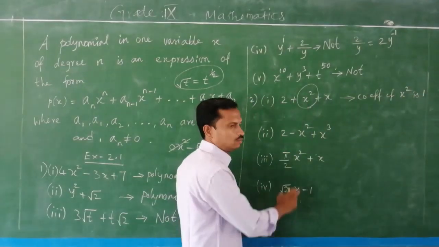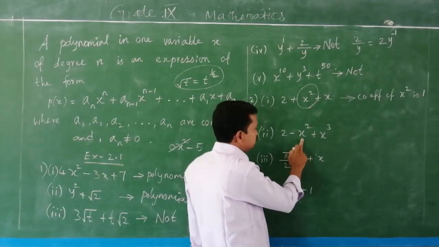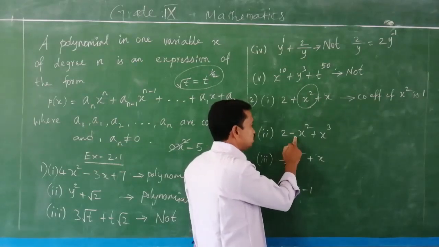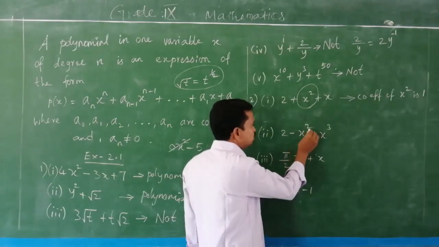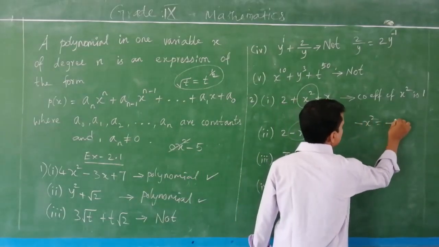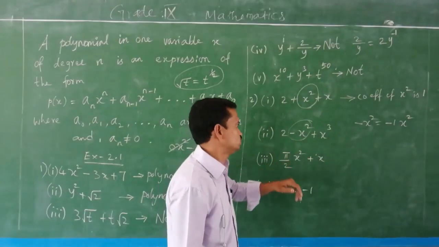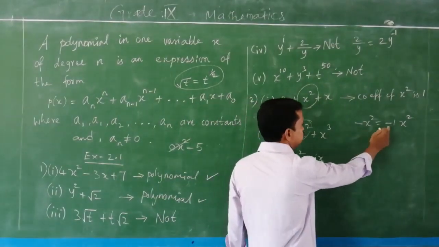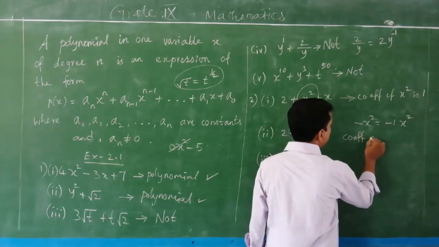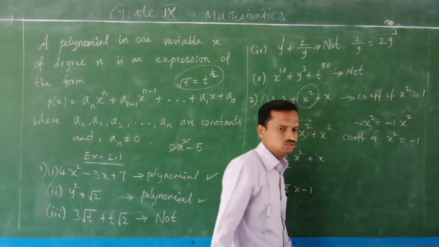And now coming to the second option, x square is here, but the sign is minus. There is no number, so minus x square means there is minus 1 x square. Like that we can take. So the coefficient of x square here is minus 1.